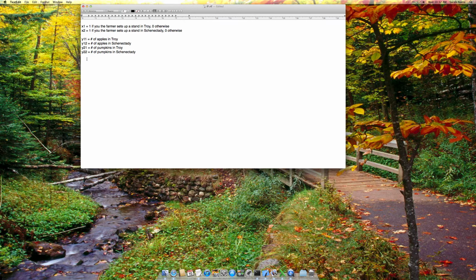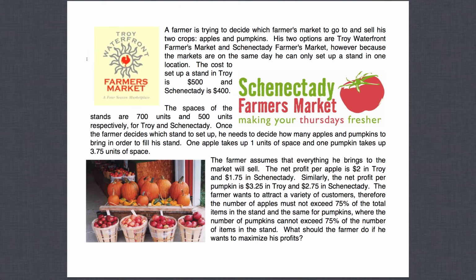So now I look back to the write-up, and here I remember that I want to maximize profits. And the profit I get is from selling apples and pumpkins, but I also have to subtract off the amount I pay in order to set up the stand.